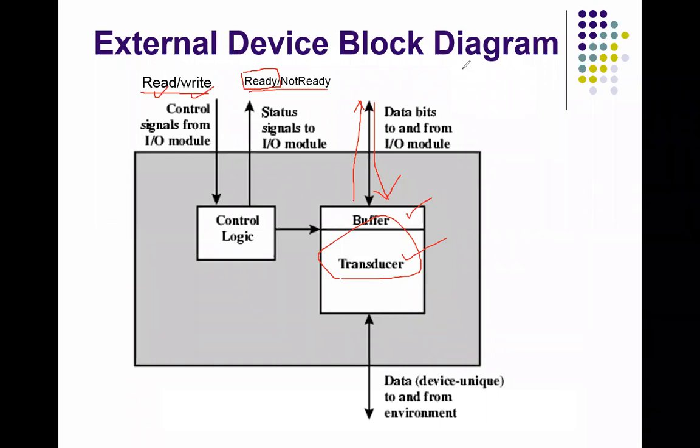So this is the job of the transducer, to transfer a data into another form. So that is a transducer. Okay. So a very simple block diagram for the external devices: how the external devices are connected with the IO module and how we can control and use them to read or to write.